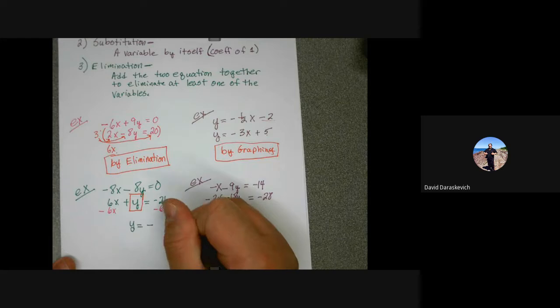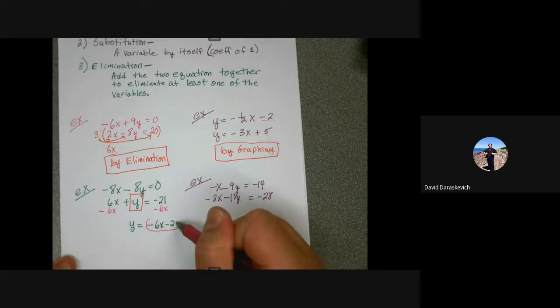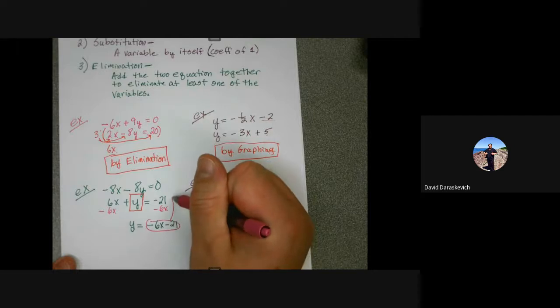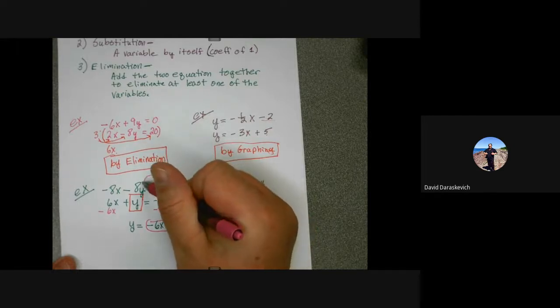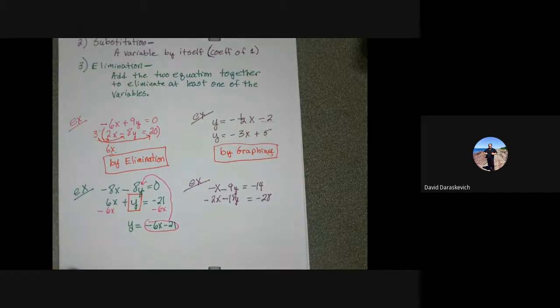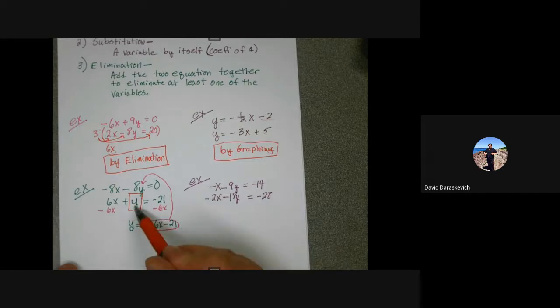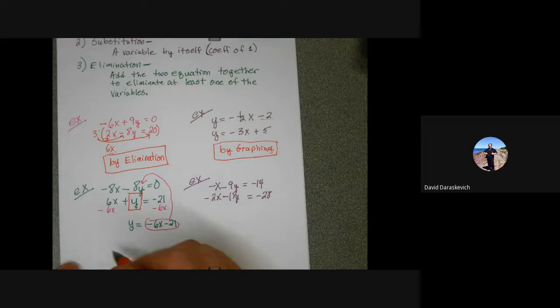Don't combine these. These are not like terms. And then take what that's equal to and substitute it back into the other equation. And then I would get one variable to solve for. So whenever you have a variable by itself or coefficient of 1, use substitution.